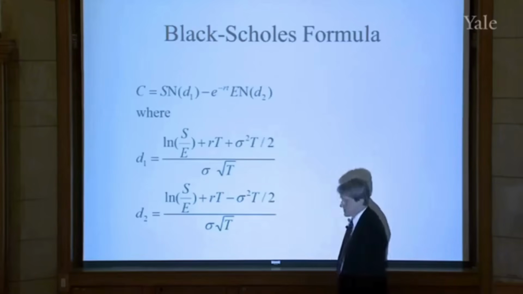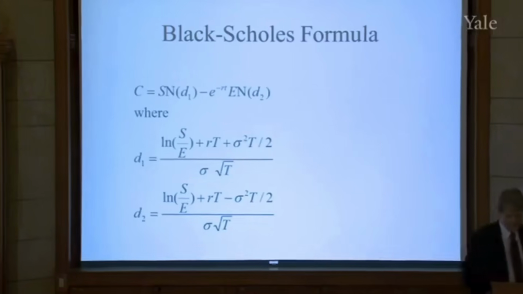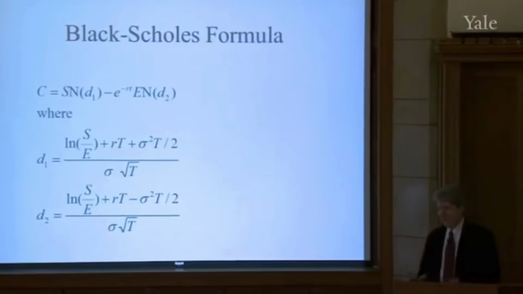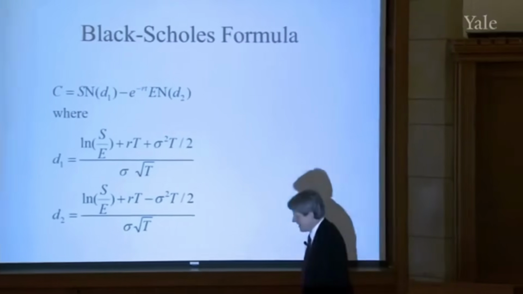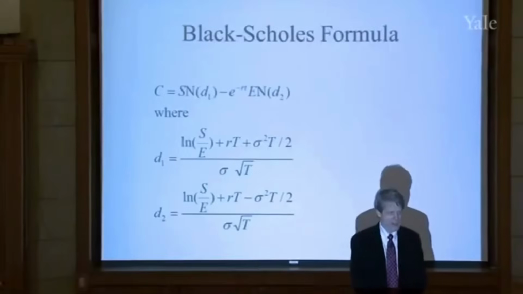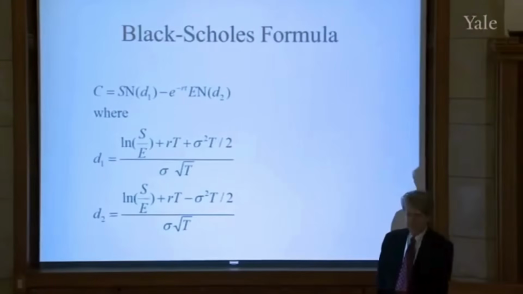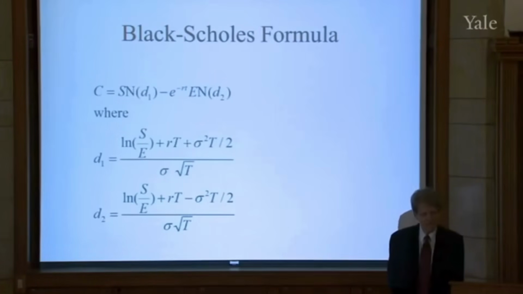And the N function is the cumulative normal distribution function. I'm not going to derive all that because it involves what's called the calculus of variations. I don't think most of you have learned that.